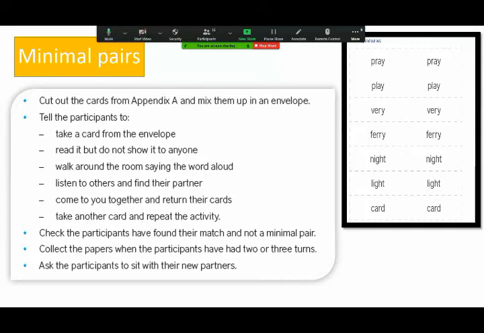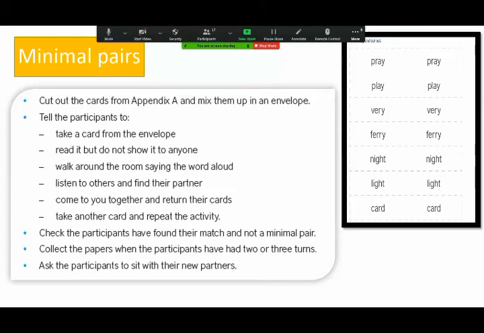I can make the same activity, but the first participant will search for the other one that has the minimal pair. For example, the first one has the card bray, and he will search for the other one that has the card play, and so on.